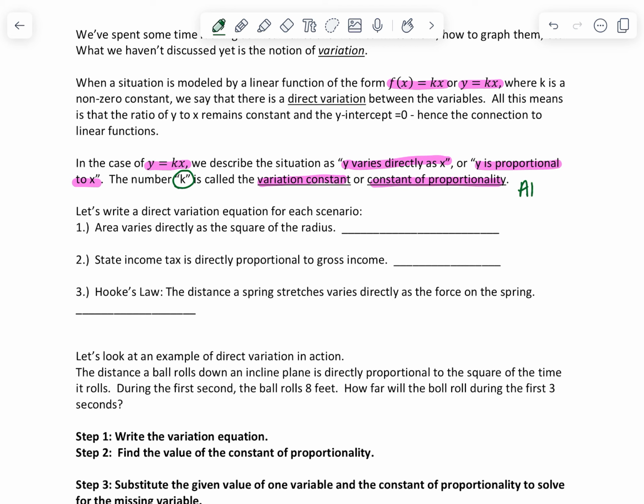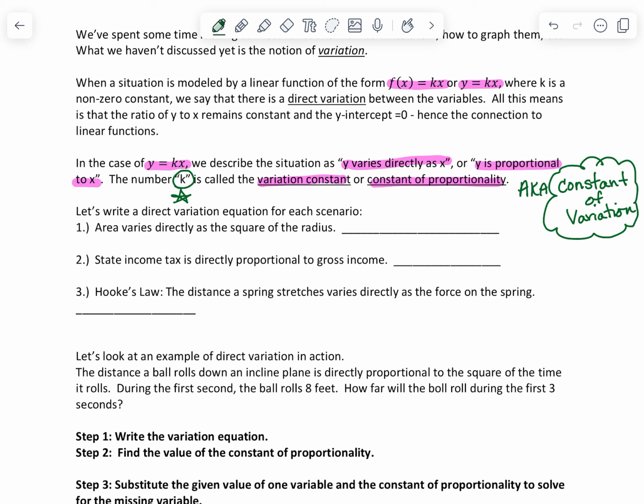We sometimes also call it the constant of variation. So you'll hear three different ways of describing this same thing. The constant of variation tends to be what I use, or again, the variation constant, or the constant of proportionality. All three of those are used to describe the letter k in our variation scenarios.